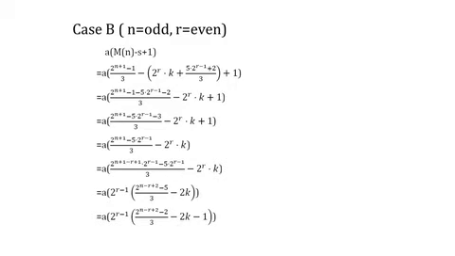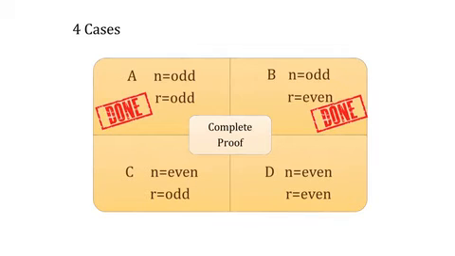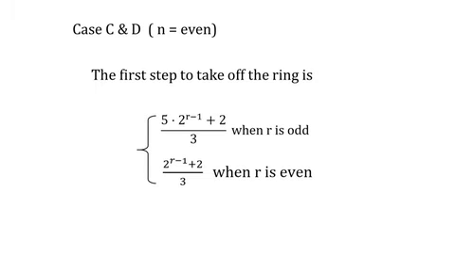We are now going to do the case B, where r is equal to even. The result is really equal to r too. So we have done case B also. The first step to take off the ring when n is even will be like this.